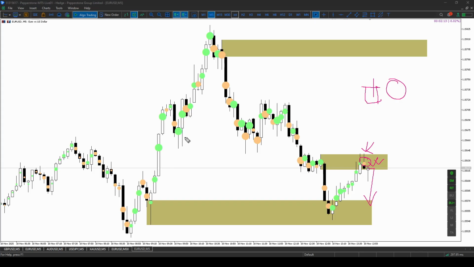That's why I'm telling you guys, know the reason. Don't trade blindly, trade smartly. Why chase the market when the market repeats every single day? Let the market come to you, right?